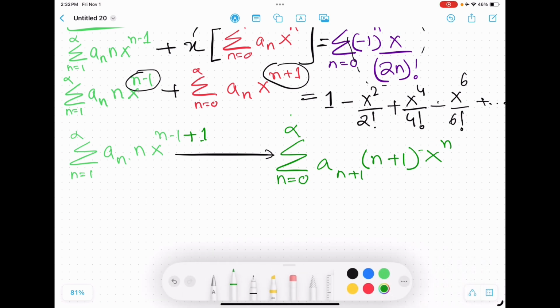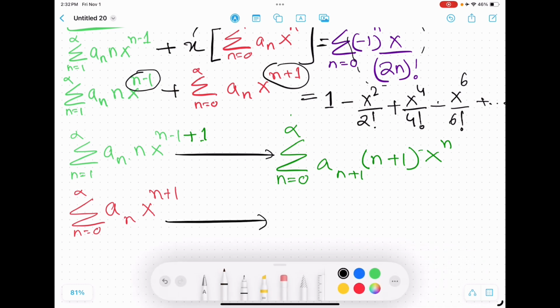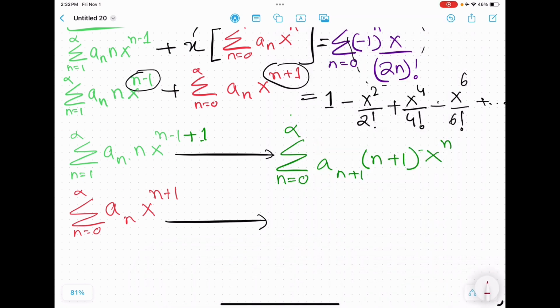Now I'm going to transform my second power series so that the power is also n. So I have a sub n times x to the power n plus 1. I'm going to use a different color. Okay, so I have x to the power n. This is what I want: I want to transform my n plus 1 to just an n.